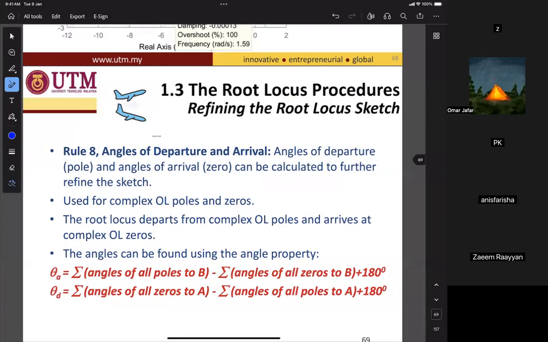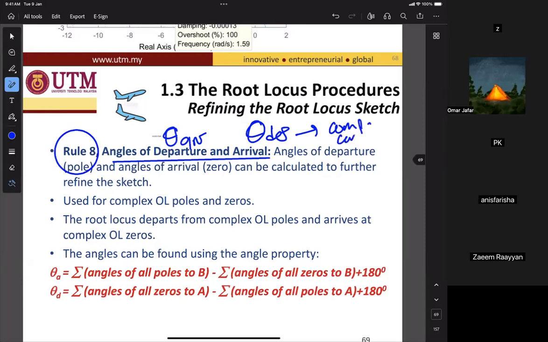Right, so we move to rule number 8. We call it angle of departure and angle of arrival, theta arrival and theta departure. Angle of departure is related to the complex conjugate poles, while theta of arrival is related to complex conjugate zeros.